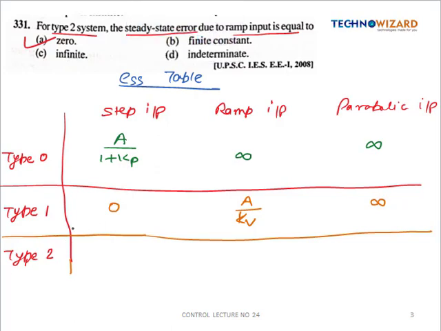In case of type 2, if we apply the step input, we get 0 steady state error. Similarly for the ramp input it will be 0, and for the parabolic input it will be given by A by Ka. Now in the question, it is a type 2 system and we have to find the steady state error due to the ramp input. We are applying the ramp input, so it is equal to 0, so option A is the right answer.